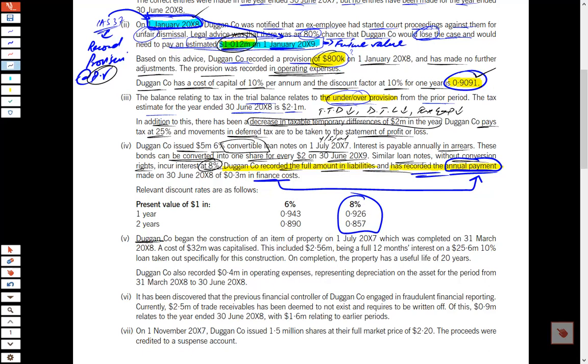Number 5, D company began the construction of an item of plant on 1st July 2007. Again, it's a year start date, which was completed on 31st March 2008. In how much time did they actually complete the construction? From 1st July to 31st December, there are like 6 months, and Jan, Feb, and March. The total construction time period is simply 9 months.